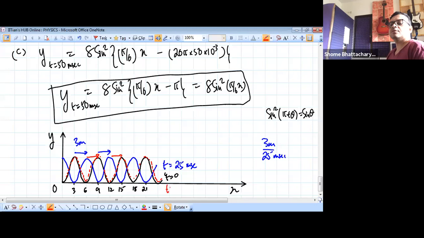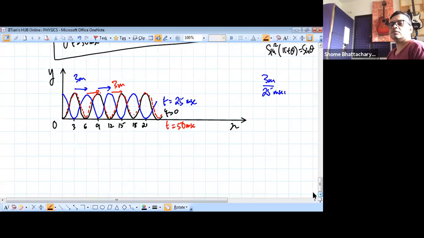So it's repeating the graph, but actually the whole pattern has shifted. And that's how we are getting this. So again, it has shifted 3 meters in 25 milliseconds. Okay? So it is showing you that it is repeating itself once every 50 milliseconds. That is what this graph is also showing us, the superposition of these graphs.